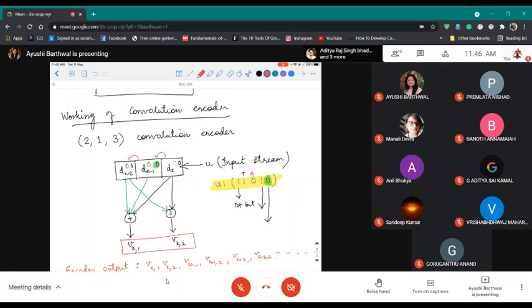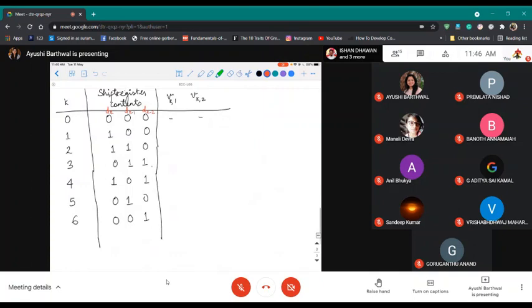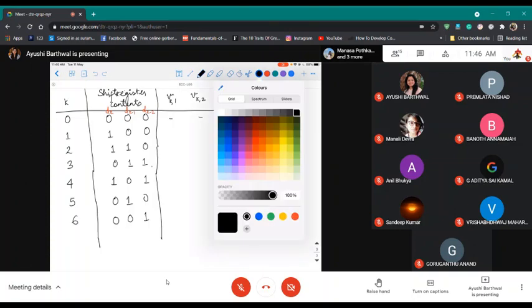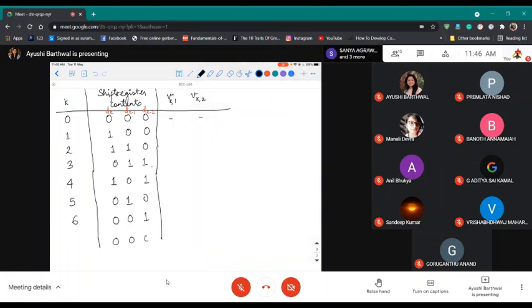And we'll again add the new 0. We'll remove, and this was your last bit. So now the last bit that entered the shift registers has propagated through all the 3 shift registers. So our final data stream would be 0, 0, 0.